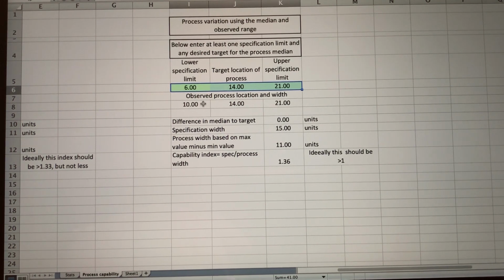The lower end of the range is at 10 units, and the upper end of the range is at 21. So we're actually fitting our ratio, the process width will fit within the specification width 1.36 times. So we're generally good. We're a little bit close at the high end. There's not a lot of wiggle room there, but we generally have a reasonable process here.